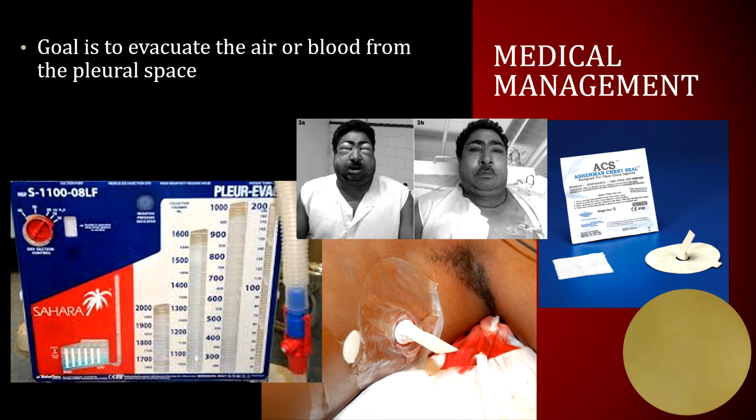So if you look at the picture on the slide, look at this gentleman. You see that edema to his face, to the eyelids, etc. That would be the subcutaneous emphysema.